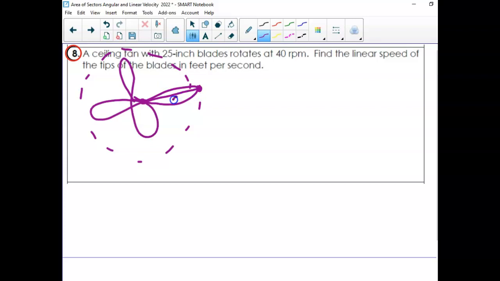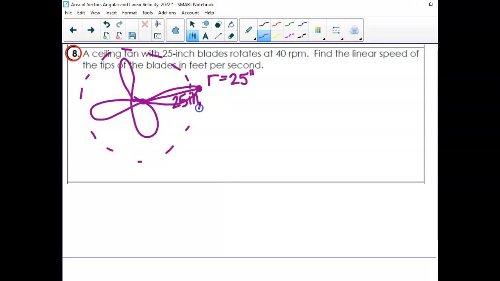If the blade is 25 inches, that's the radius. You don't have to draw a picture if you don't want. Just write the radius is 25 inches. I assume they're talking about the little one paddle of the blade, not from one end to the other.